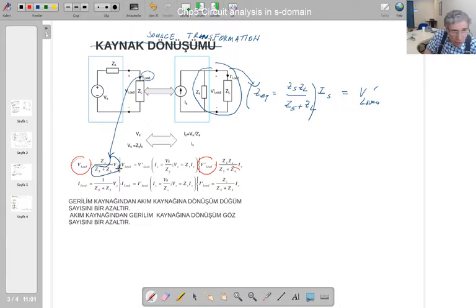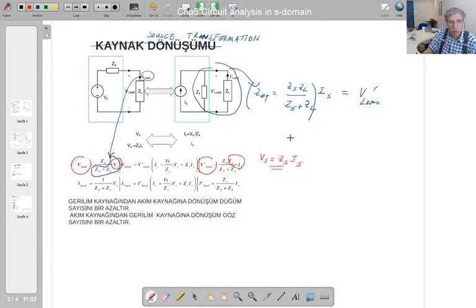What is left is VS here and this here. So the conclusion is this: if VS is ZS times IS, then V load prime is equal to V load. So in order to have those two circuits equivalent, this should be true.